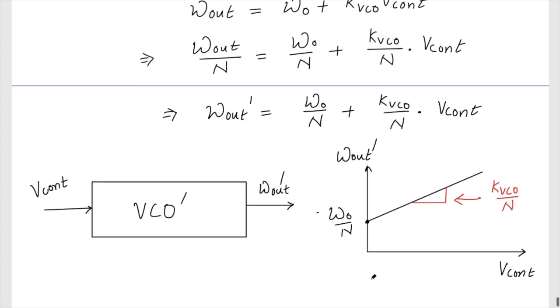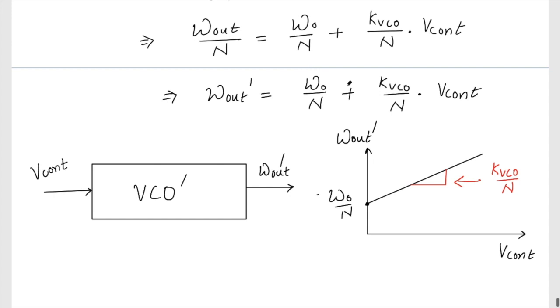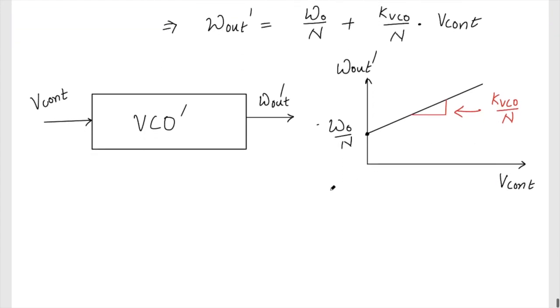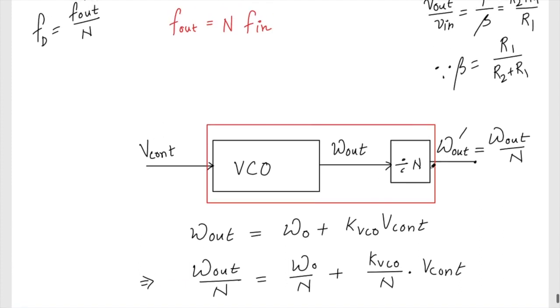Of course, when we are doing the analysis, the intercept value doesn't come in, since we are doing small signal analysis. So the only thing that comes in the analysis is k VCO by N. Whatever we have analyzed remains the same, except we replace k VCO with k VCO by N when we introduce this divider.